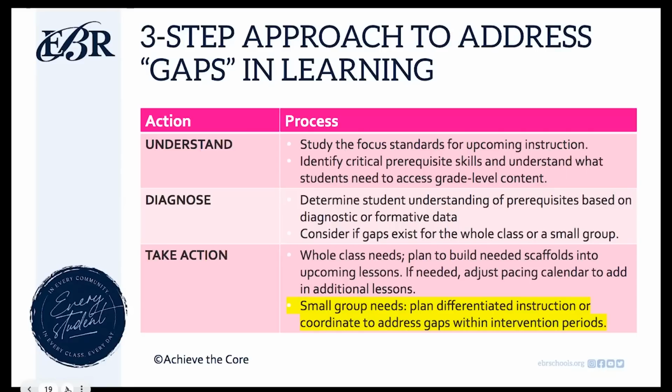You looked at your lesson skill-based data from exit tickets, looked at your end of module assessments, or looked at the results from your interim to see what it is that my students need to know. And for the purposes of this session, we're going to take action as it relates to small group needs. How am I going to plan for those targeted small group experiences for my students?